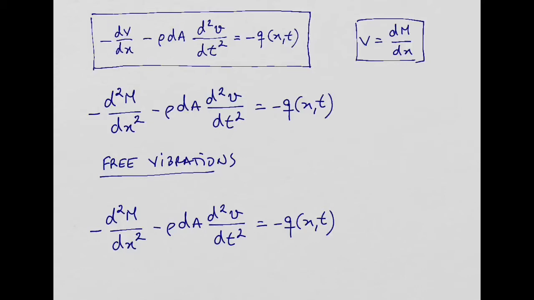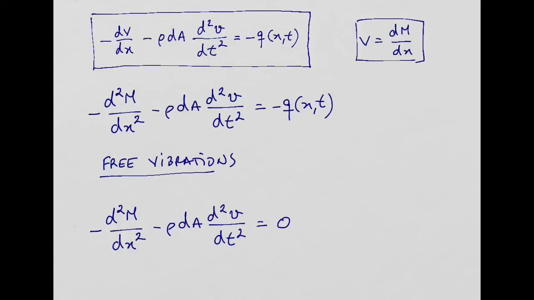So the external force, the right-hand side of this equation, is going to be equal to 0. And then what we are going to get is the natural frequencies, so it's an eigenvalue, eigenvector problem, right? So we are going to get natural frequencies and the vibration modes for the beam.